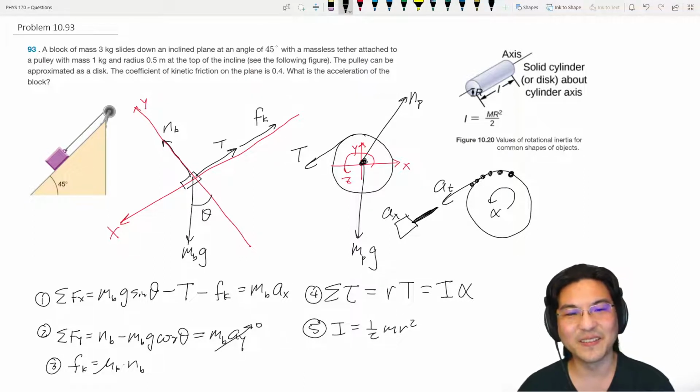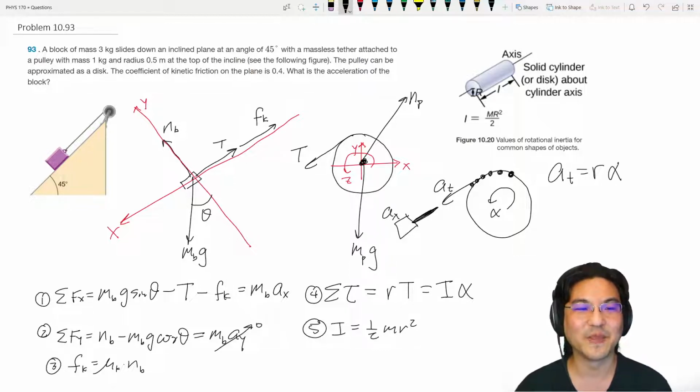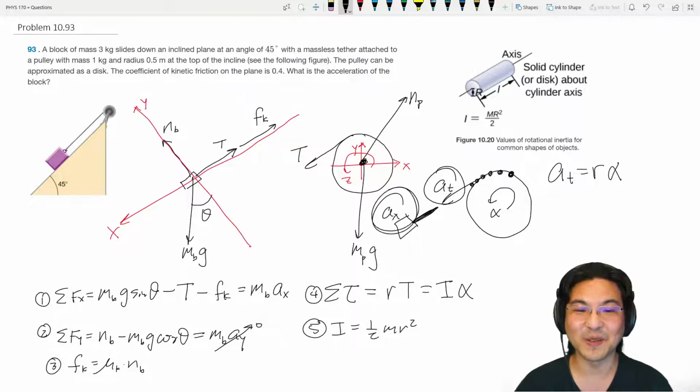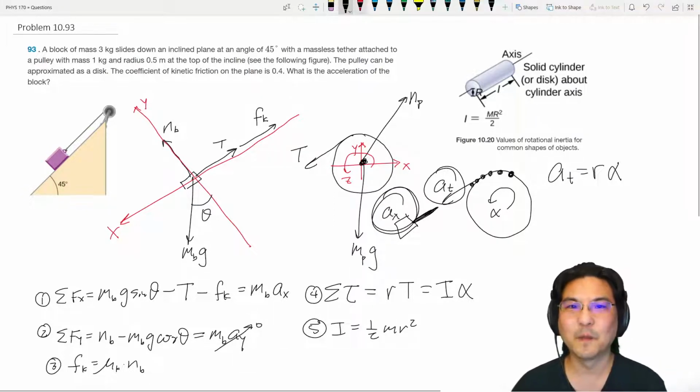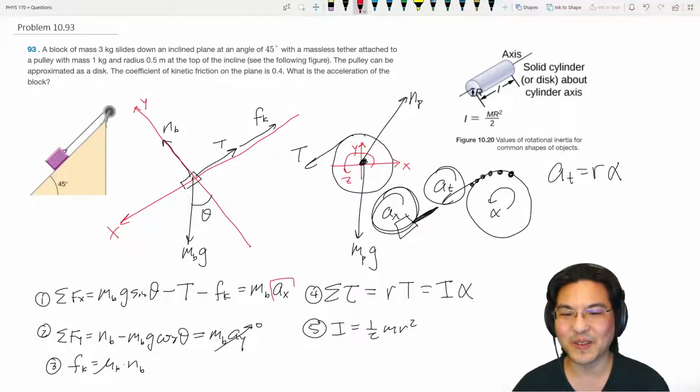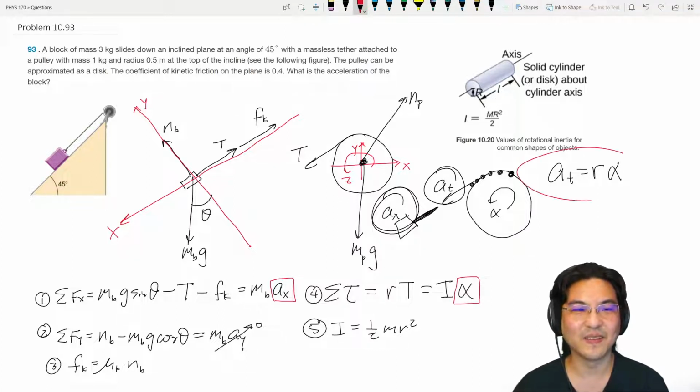How is it related? The tangential component is r alpha. And we just said this is the same as this. So that means the x component of the acceleration for the block is related to the angular acceleration of the pulley, like this.